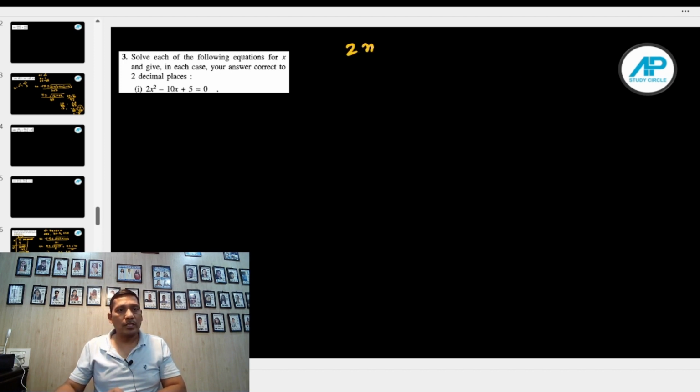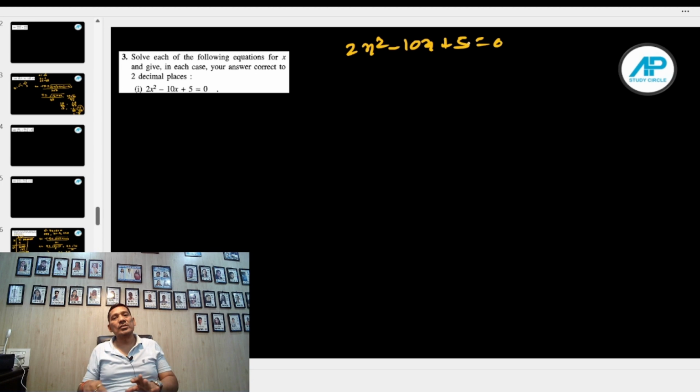I've got the equation 2x squared minus 10x plus 5. Now they are the same category of equation. They say find in one decimal place, find in two decimal places, find in three decimal places. It doesn't make any difference.